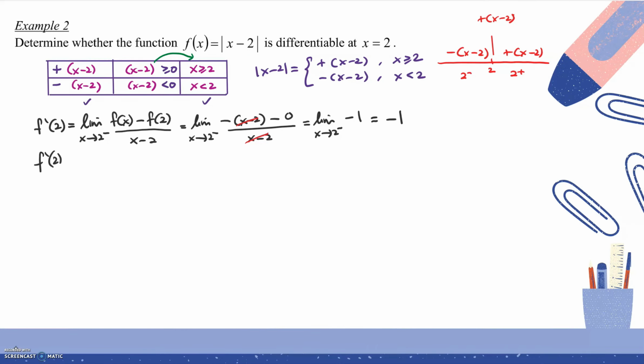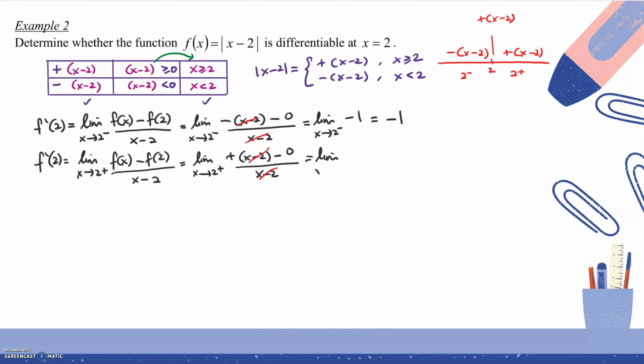Now f prime 2 is equal to the limit as x approaches 2 from the right, f(x) minus f(2) divided by x minus 2. The function is positive (x minus 2) minus f(2). f(2) is 0, divided by x minus 2.